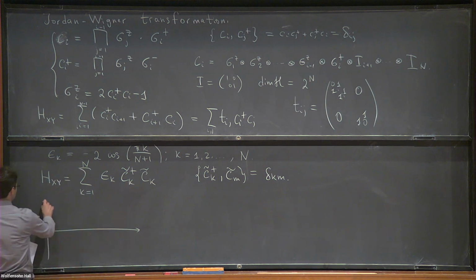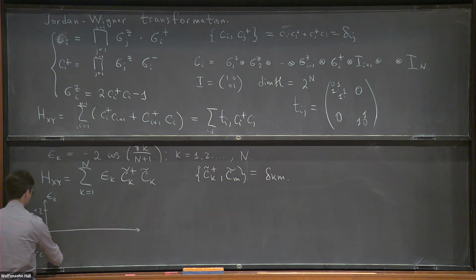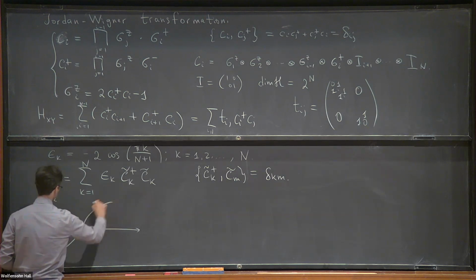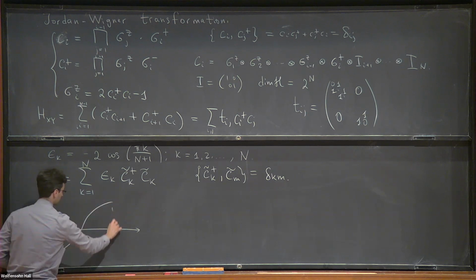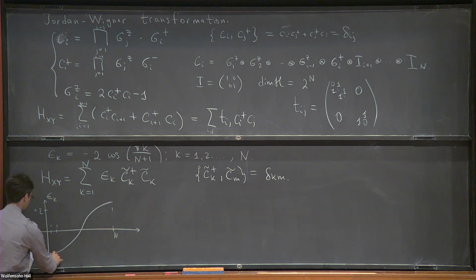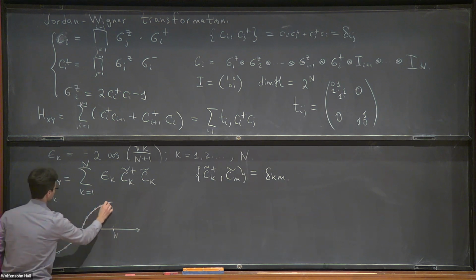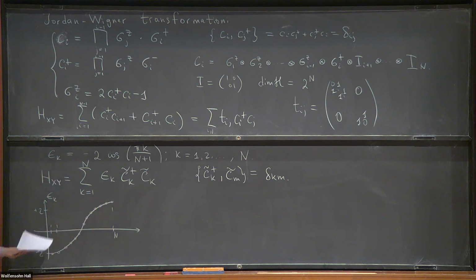The spectrum epsilon_k goes from -2 to +2. It's a cosine, so it goes like this. We have n spots of energies, and filling them in different ways will give us the many body energies of the XY Hamiltonian.